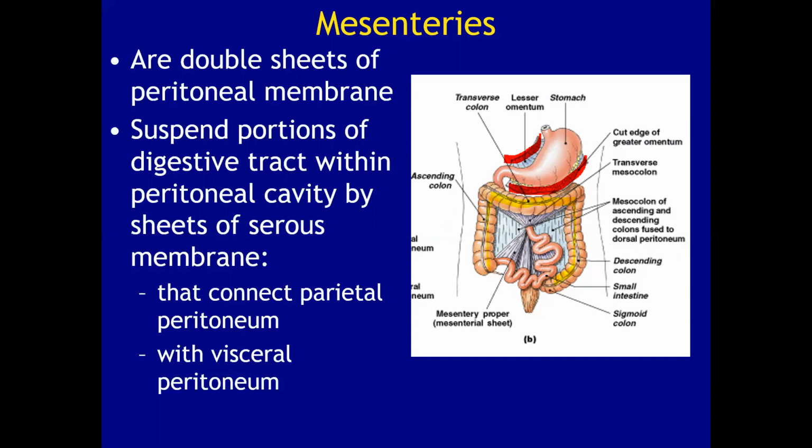And notice also when you're looking here at your small intestine that I'm highlighting, it is not in detail, it's not the right amount, it's not coiled correctly, it's just pulled out like this so that you can see the different parts of the digestive system.